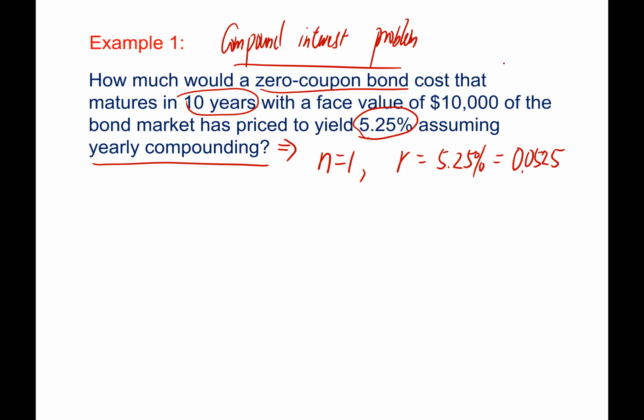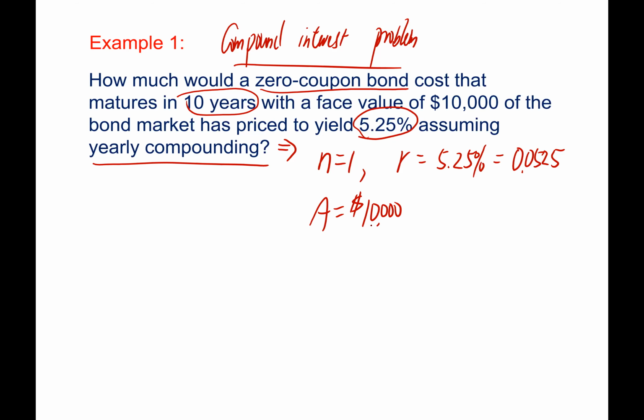Face value is $10,000. In terms of the compound interest formula, we call this an ending balance. So the ending balance is known, which is $10,000. For an investor, you get $10,000 after 10 years. Okay, that's what this means.